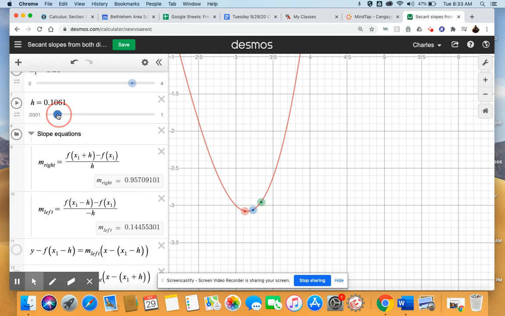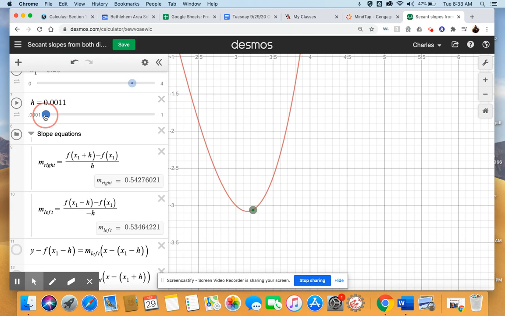So let's keep moving that closer and closer and closer. Now look at these two slopes. We're not even all the way there yet. We can go another thousandth.